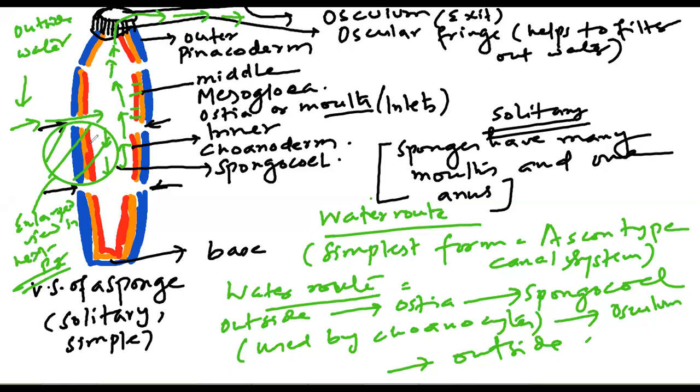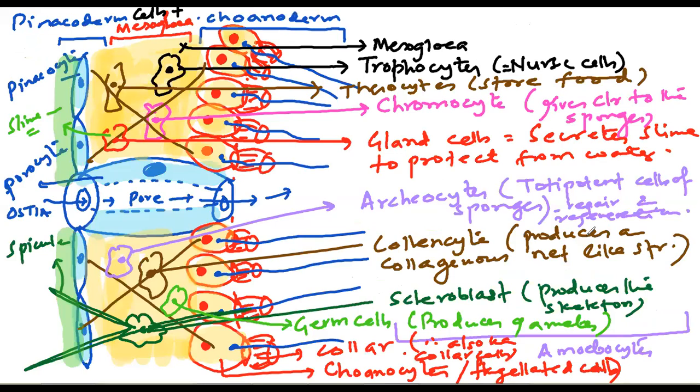So when we enlarge this wall, we find this structure. So this is the concept of the body wall of sponges. Here we can write all the layers.